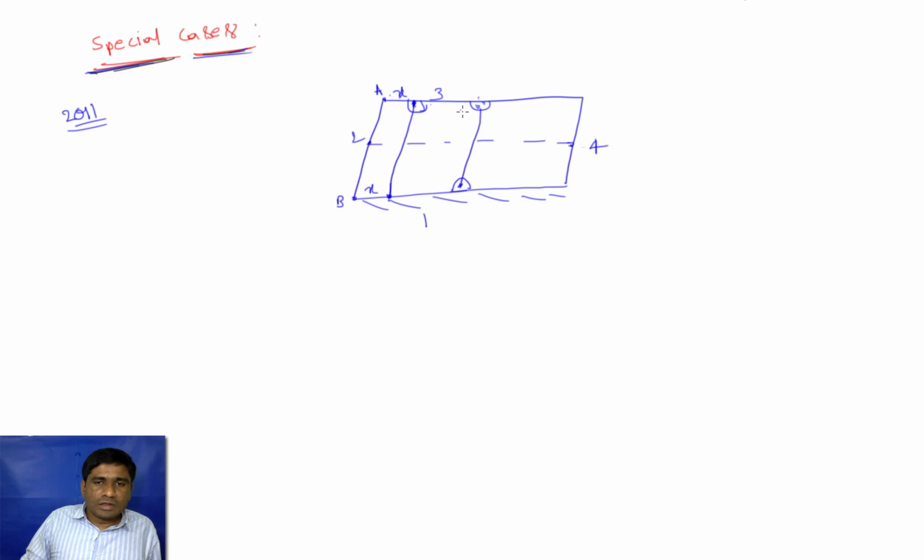So in this way, if you put n number of parallel lines to this link 2 or 4, then those lines are not going to change the degree of freedom of this mechanism.